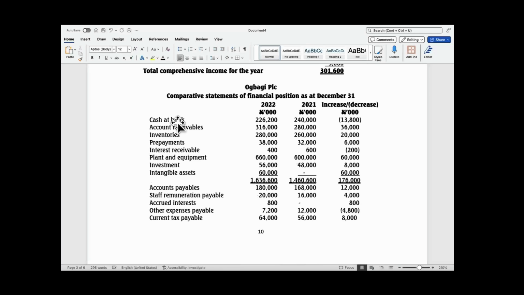Short-term investments is a cash equivalent. When you see bank overdraft also, it is also a cash equivalent.